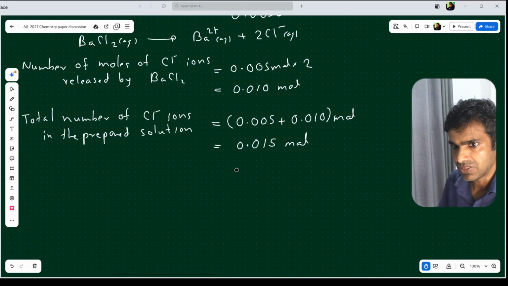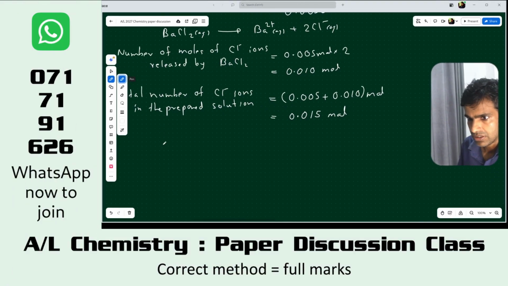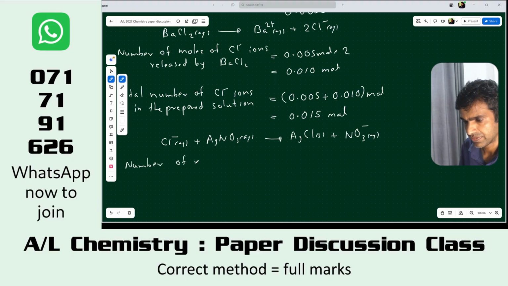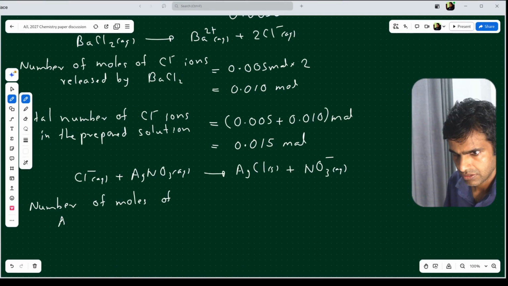Then what happens when we add the silver nitrate solution? Chloride ions react with silver nitrate to form silver chloride. It doesn't dissolve in water, therefore it is the precipitate. Now we can calculate the number of moles of silver chloride precipitated.